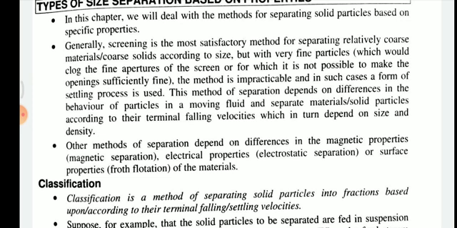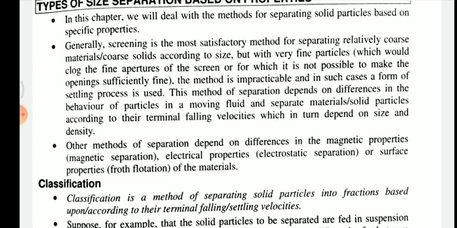Okay, so if a small size or powder size material is required, how can it be reduced? Using this method. This method of separation depends on the difference in behavior of particles in a moving fluid and separates solid particles according to their terminal falling velocity, which in turn depends upon the size and density.